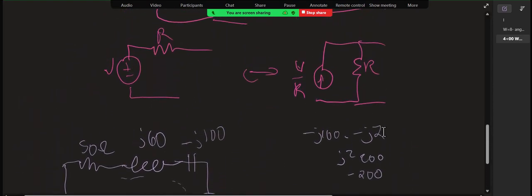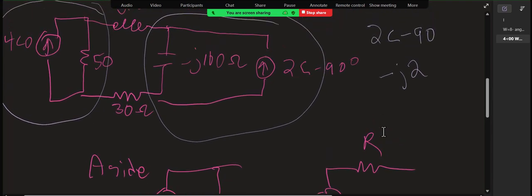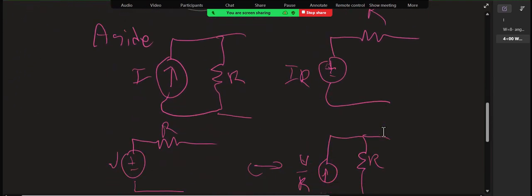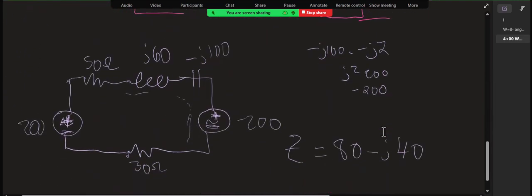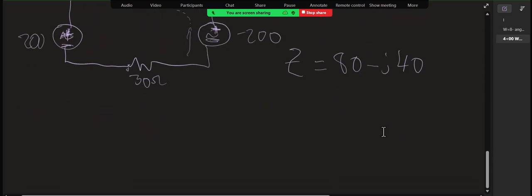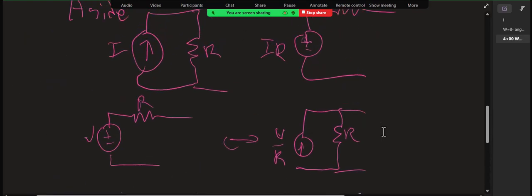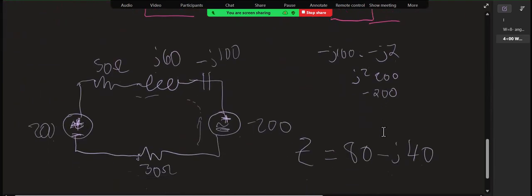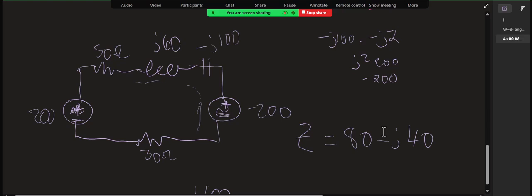The peak is 400 because... is it though? See, this is angle 0, that's angle 0.